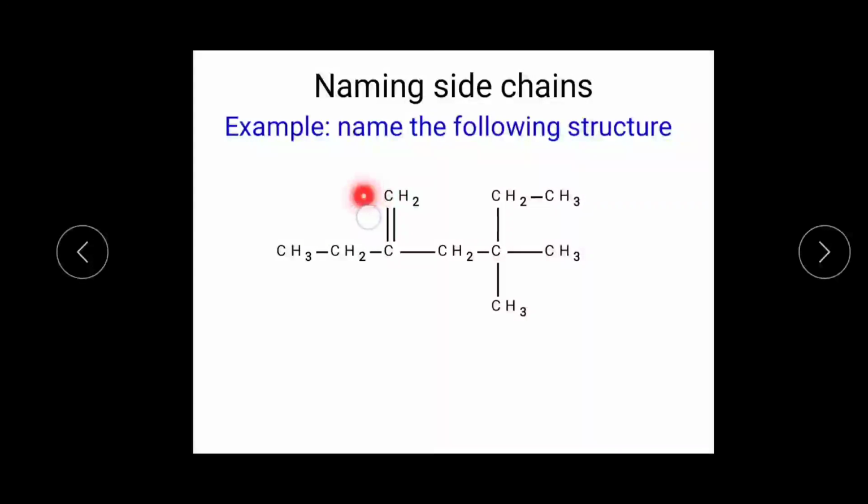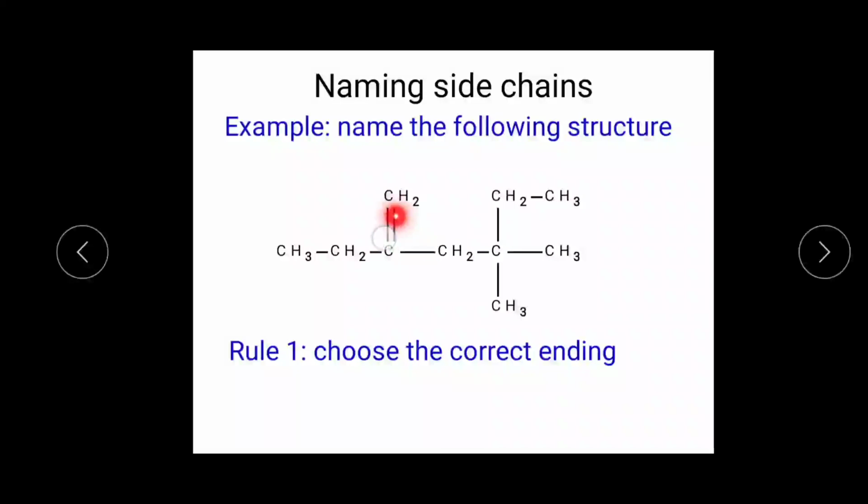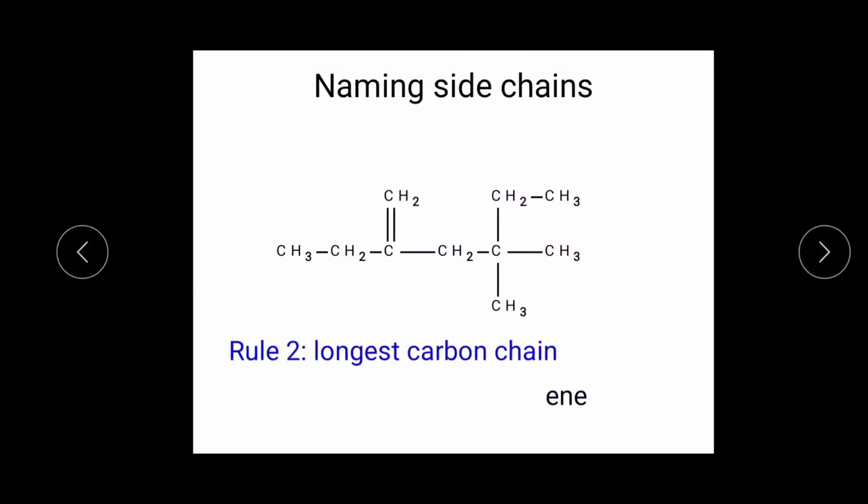So this will be carbon 1, carbon 2, carbon 3, carbon 4, carbon 5, and carbon 6. Okay? So rule number 1, choose the correct ending. Since this is a double bond, meaning this is an alkene, it ends with ene.